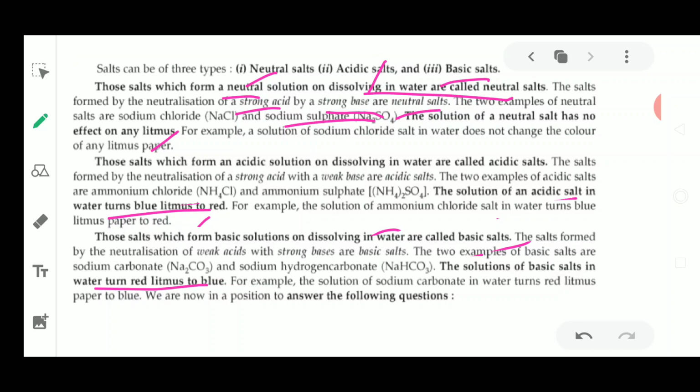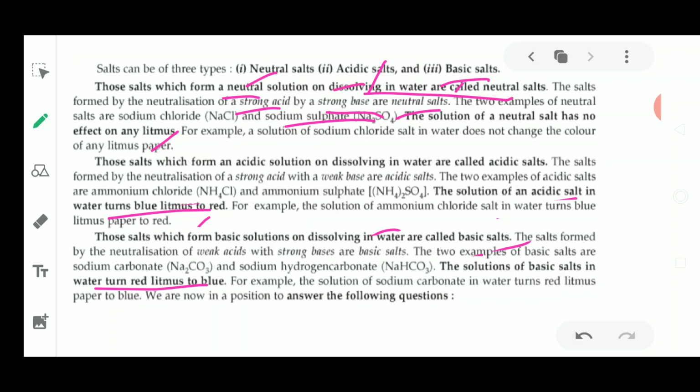That is why they are called basic, okay. Why are they basic? Because a strong base was taken with a weak acid. Why acidic salt? Because a strong acid was taken with a weak base. And when both the acid and the base are strong, neutral salts will be formed.